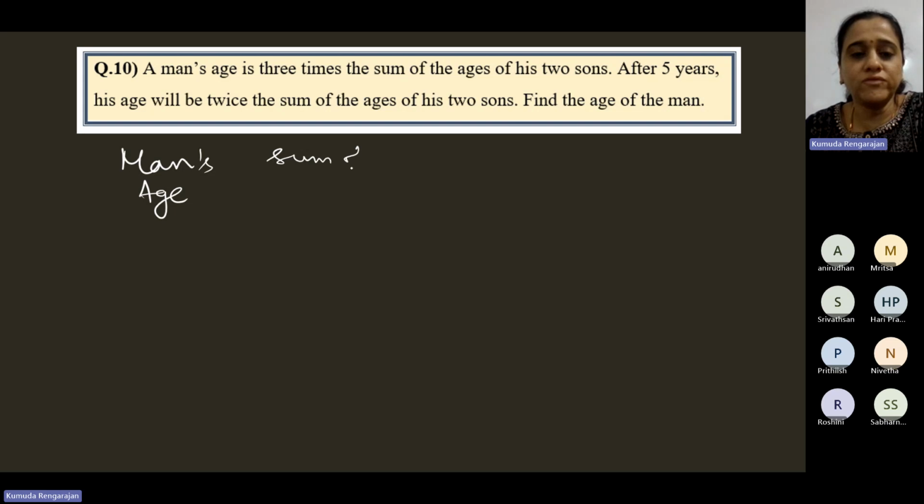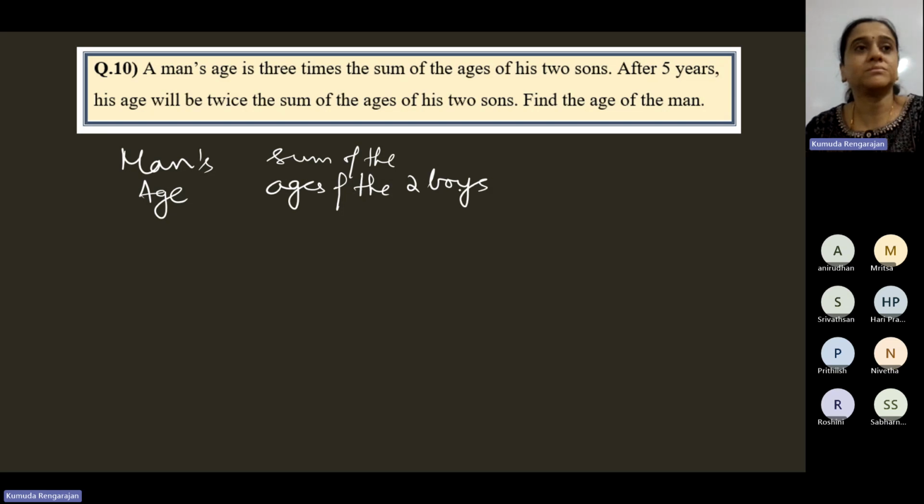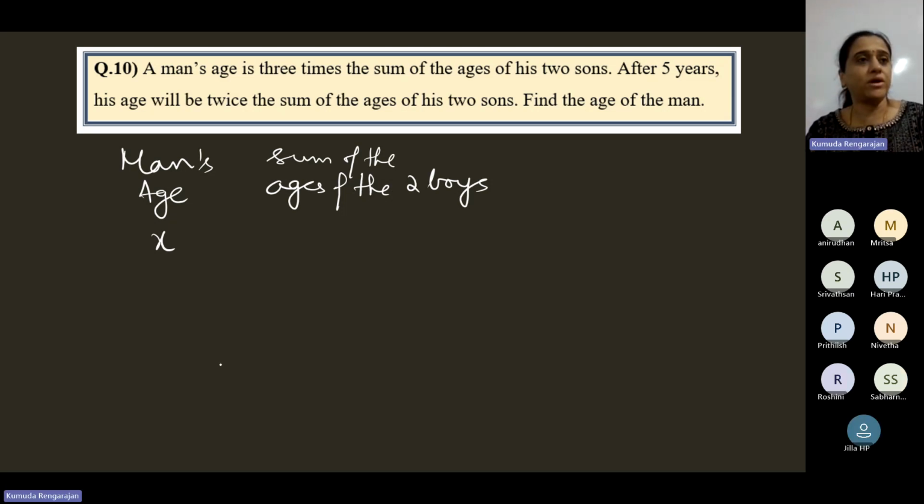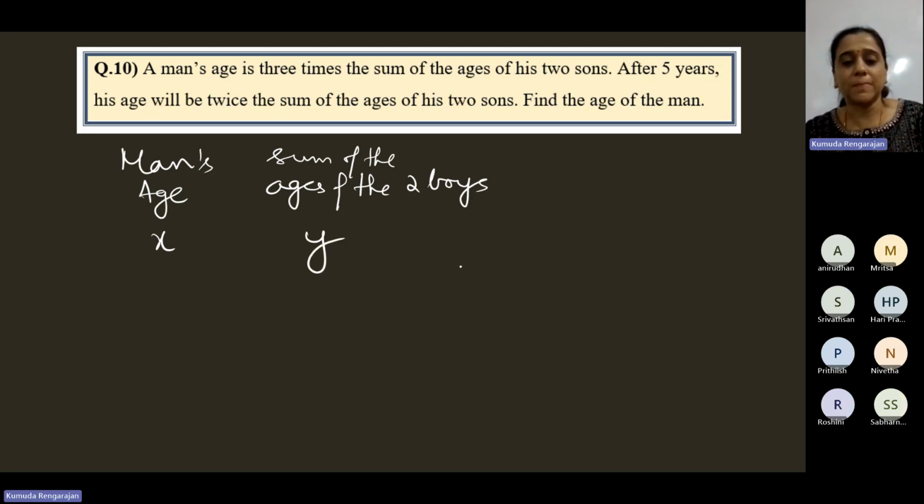Let the man's age be X. Let the sum of the ages of the 2 sons be Y.